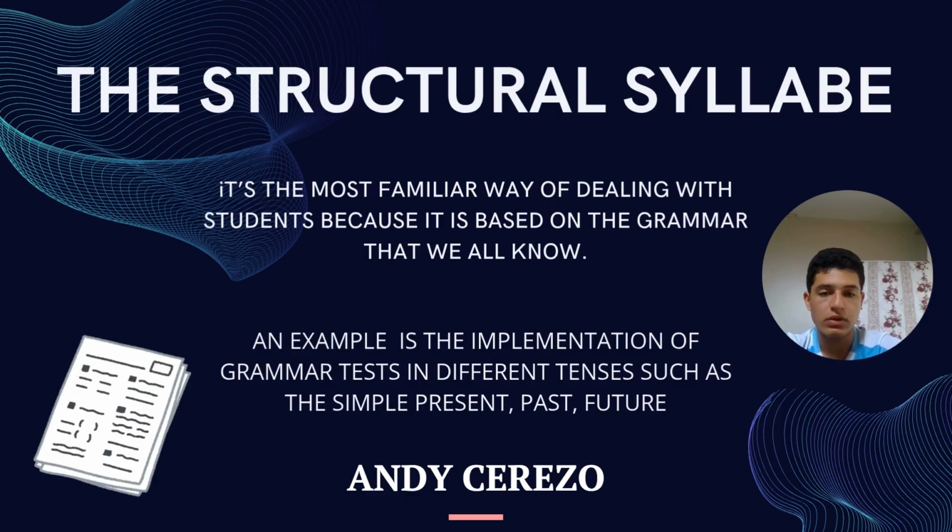An example is implementation on grammar texts or tags in different tenses, such as the simple present, past, or future. We have knowledge about this structure. The structural syllabus is the most traditional way of syllabus.